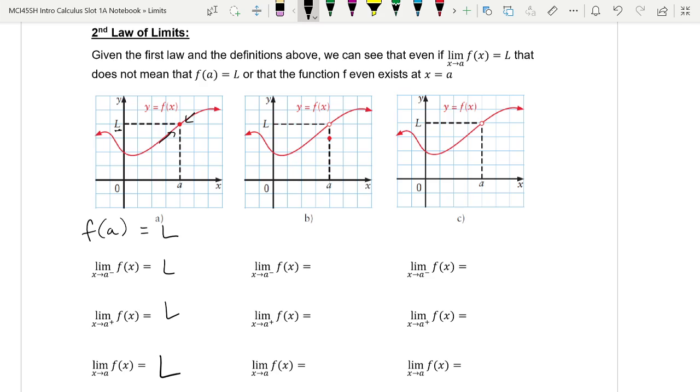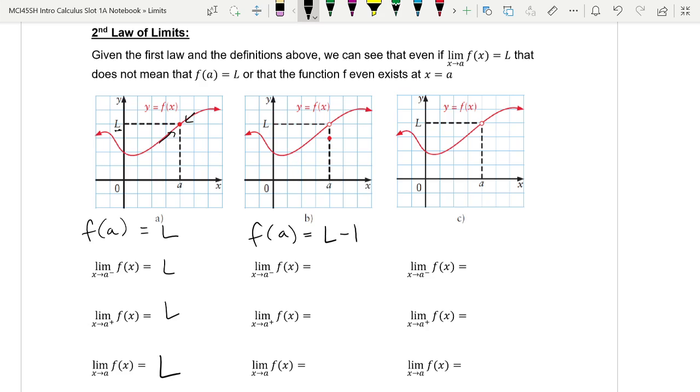Now, we actually haven't seen one like this before, but this has a hole in it. But at that spot, when x is a, this point represents the value, which looks to me like f of a. Let's assume these are counting by ones. That would be L minus 1, right?